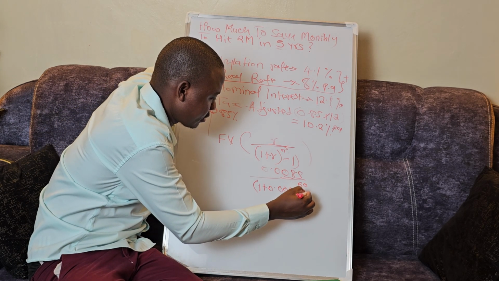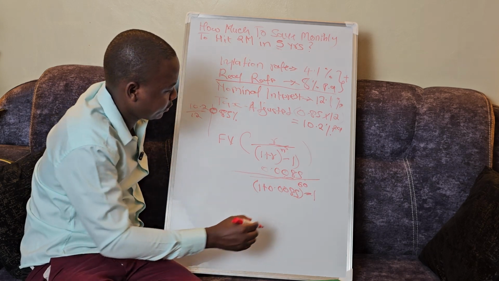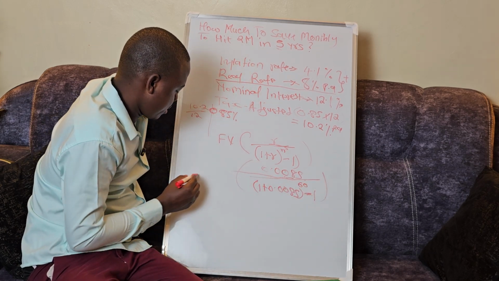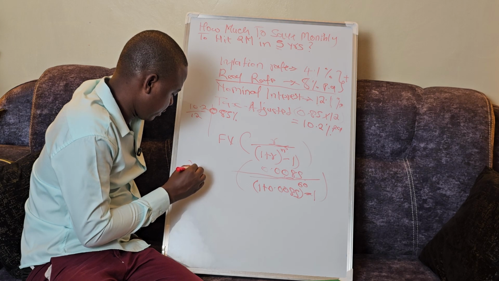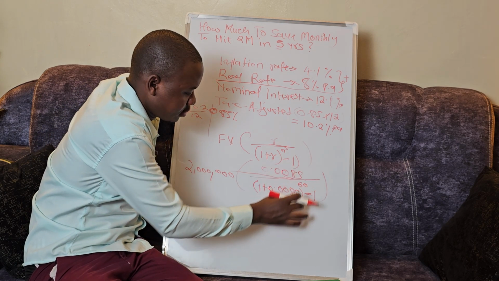Less 1. Then I'll multiply this with my 2 million, which is the future value. So let me solve here.